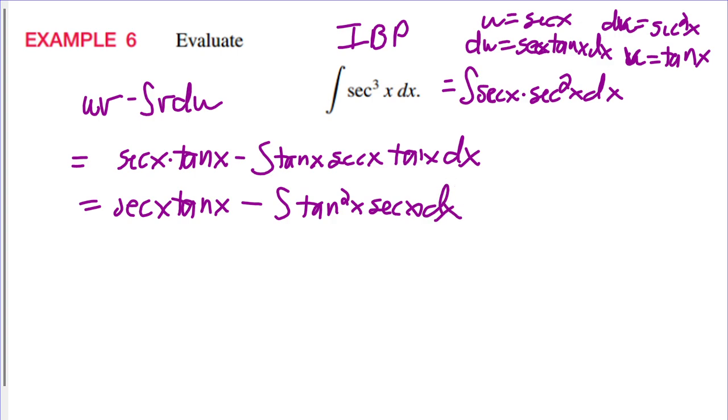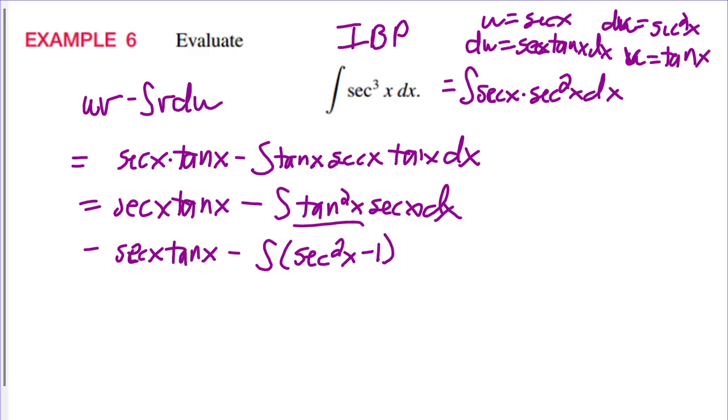Now we can use our trig identity for tangent squared of x. So that's going to leave us with secant of x tangent of x minus the integral, using our identity, that will give us secant squared of x minus 1 times secant of x dx.